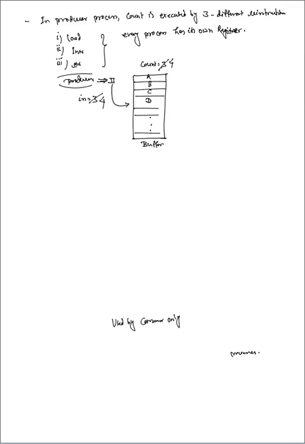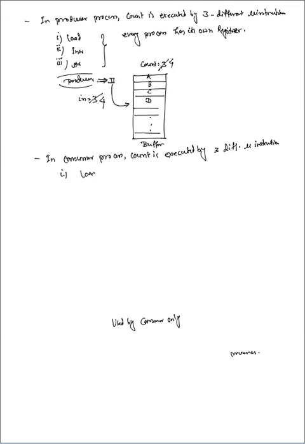Now we'll see the consumer side. So in the consumer process, count is executed by 3 different micro instructions.